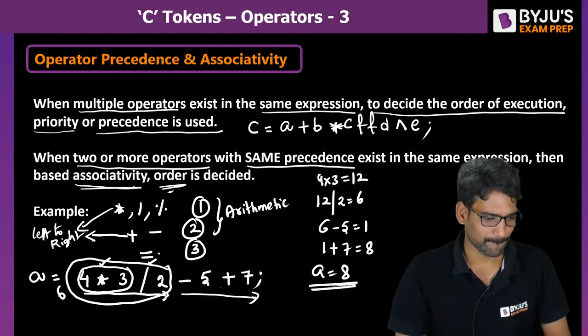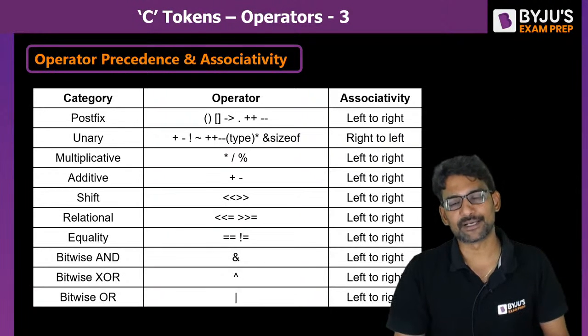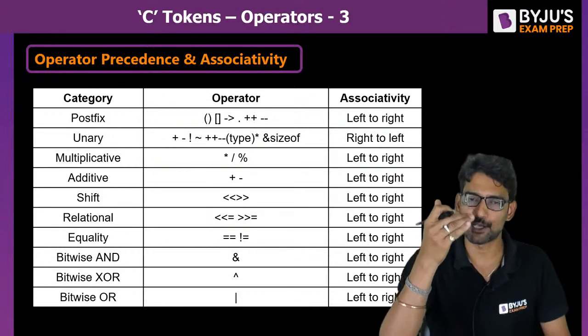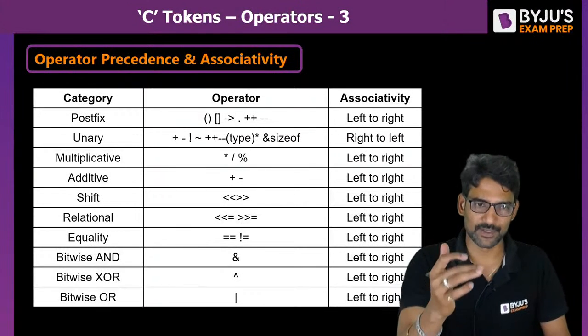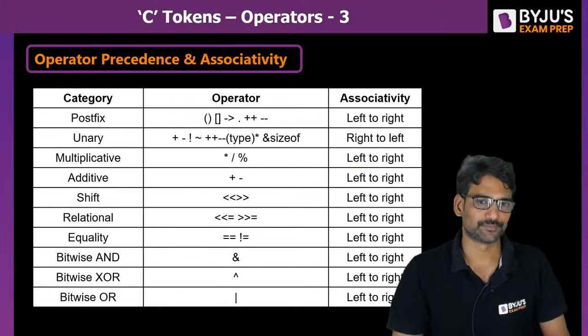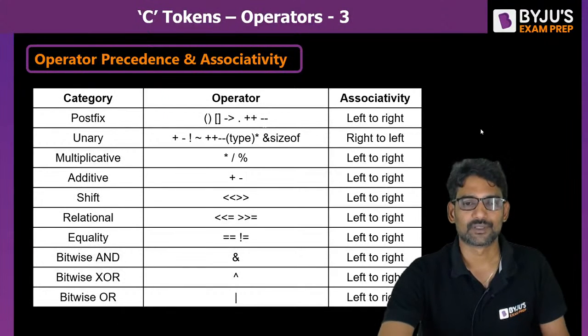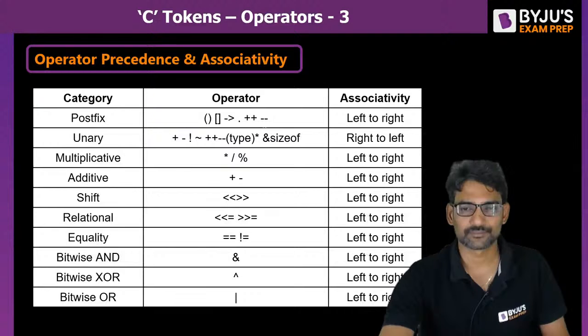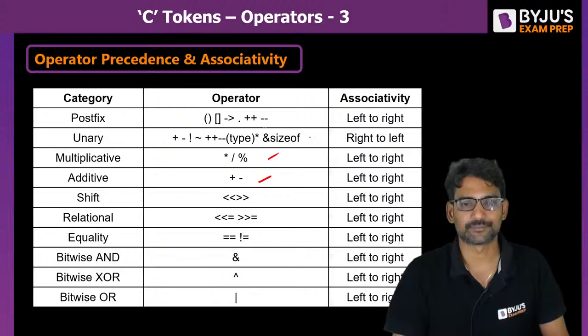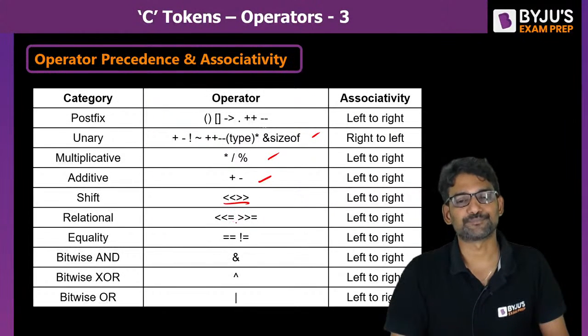Now, for all the operators, what is the precedence and associativity in the C language? I am giving a table here. Postfix increment has more priority than prefix increment and unary operators. Then multiplication, division, modulus. Then addition, subtraction. Then shift operators. Then relational.